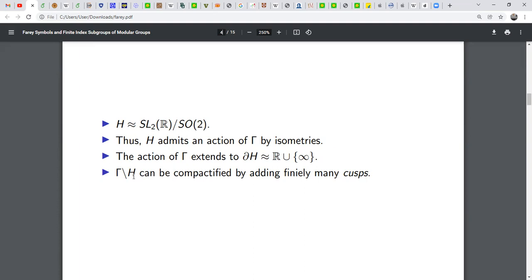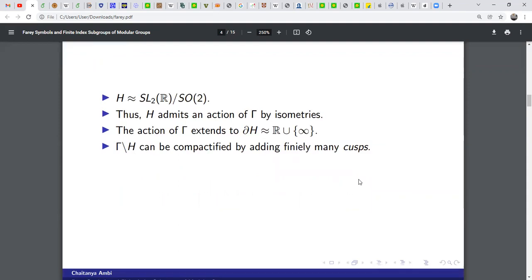The quotient of the upper half plane by gamma can be compactified by adding finitely many cusps. To understand the respective compactification, it is important to understand the notion of a cusp, that is, a fundamental domain for the action of gamma, or the action of any phi, any finite index subgroup of gamma for that matter. It will have points where open neighborhoods around that point are in the shape of a sector of a circle rather than a disk.